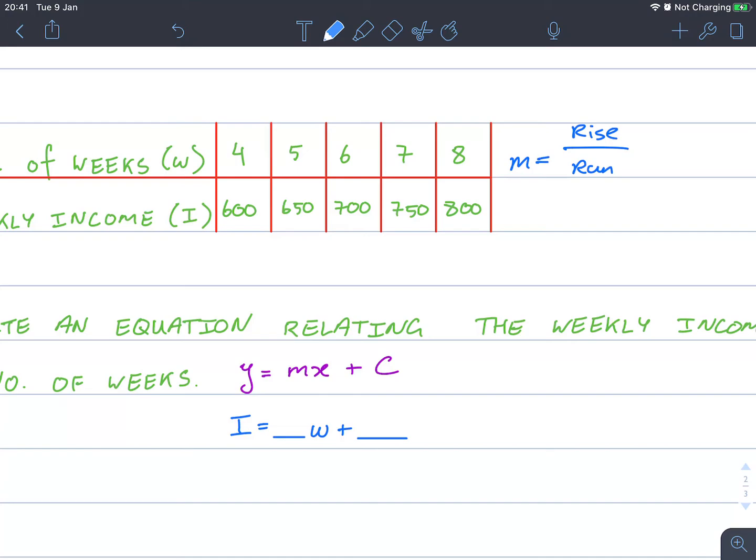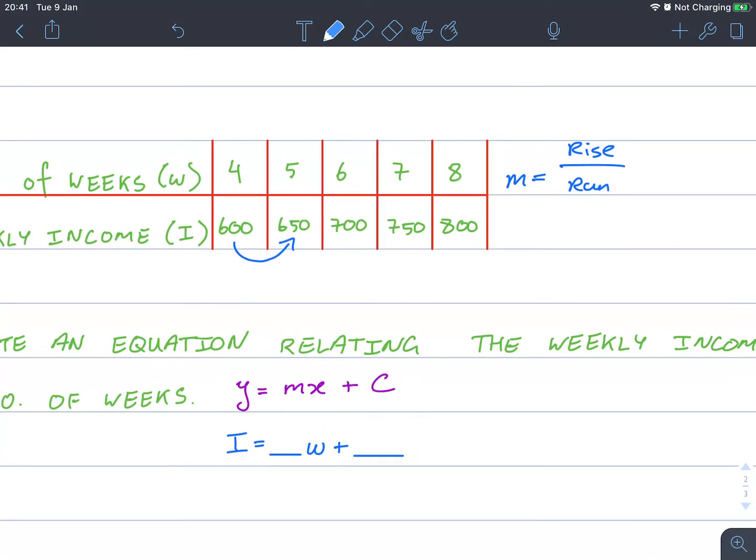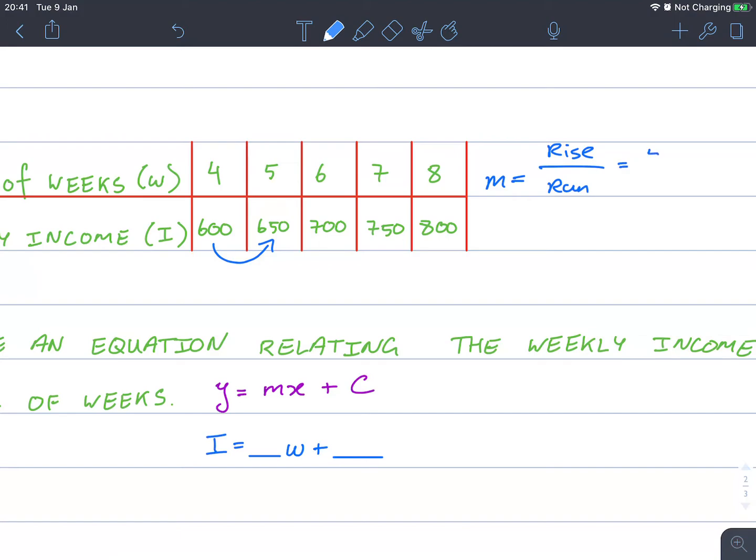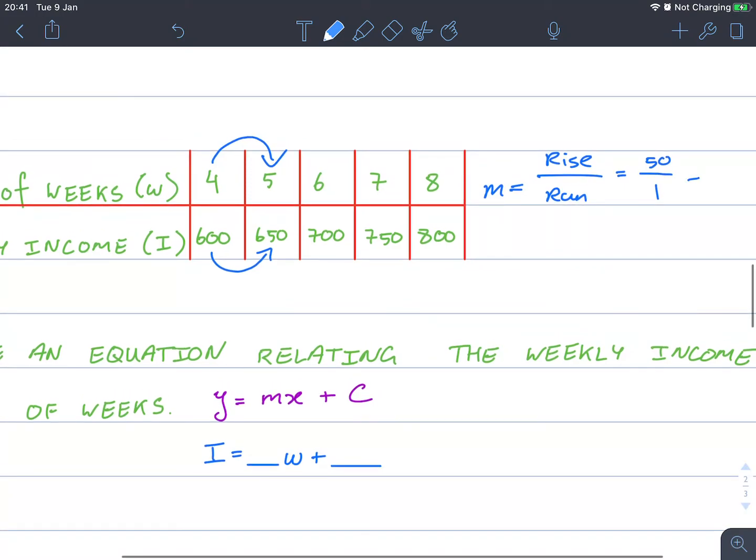So our y values are here, these ones here. Let's take a look from one point to another. What is the rise there? From 600 to 650. Well, that's gone up by 50 over the run. Now in that same time, how much has it run by? Well, we went from 4 to 5. That is a run of 1. So our gradient is merely 50.